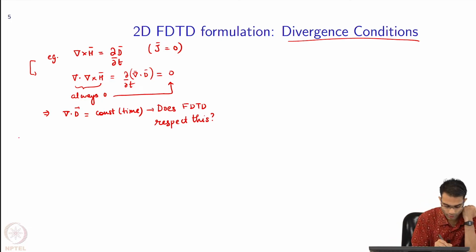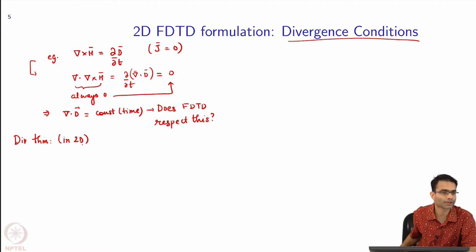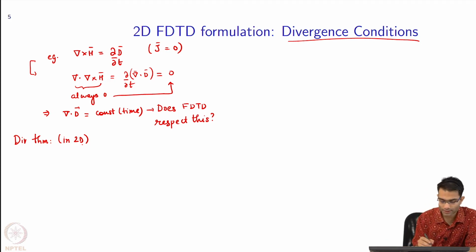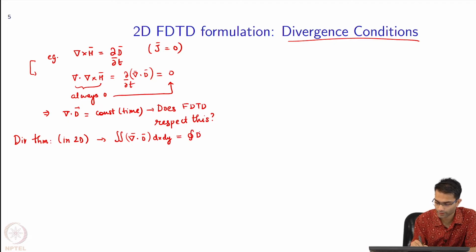The divergence theorem, let us say in 2D, because we are in 2D now. What does it tell us? The integral of divergence of D over dx dy will be the line integral of D dot n cap dl, the outward flux.